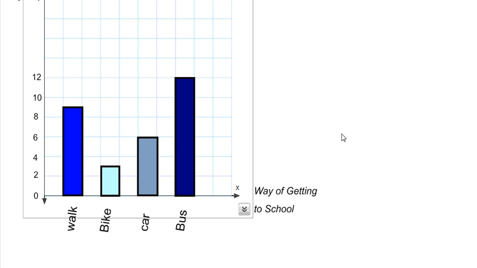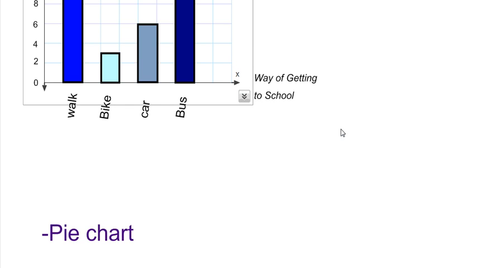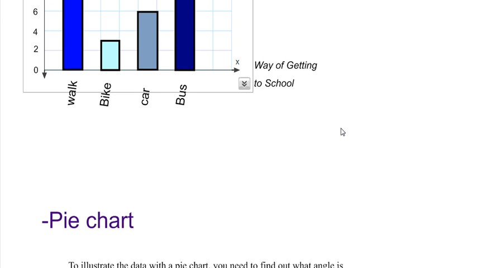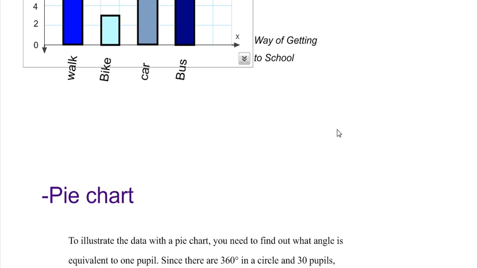Sometimes we need a pie chart. A pie chart is a circle. To illustrate the data with a pie chart, you need to find out what angle is equivalent to one person.